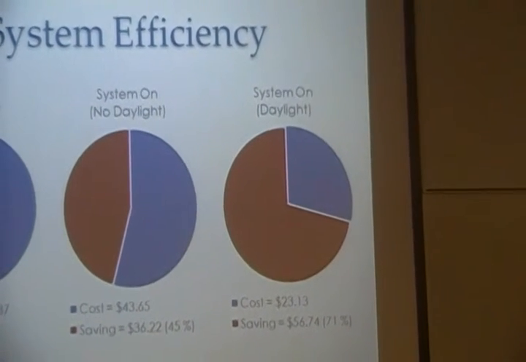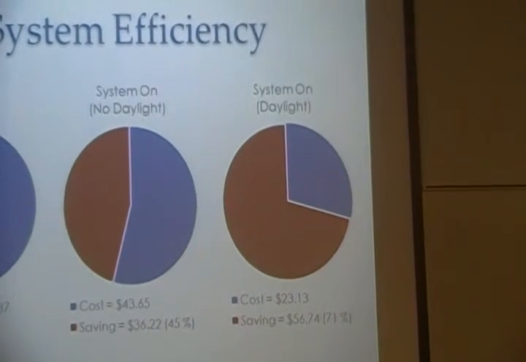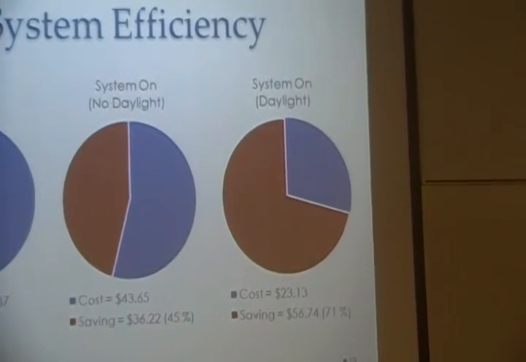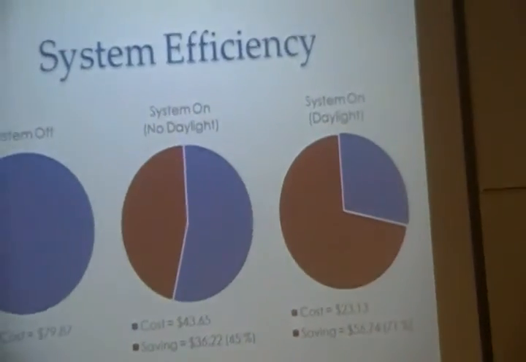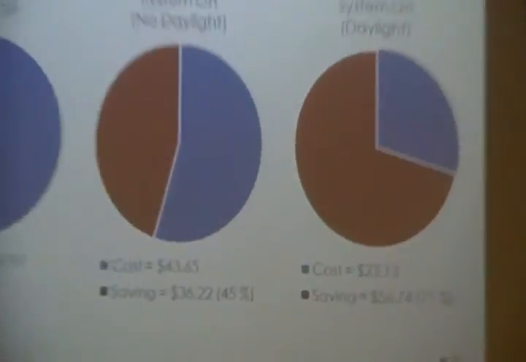That was how much the fluorescent lamps needed to produce. The cost for this scenario is $23, and the saving in comparison to case one would be $57. That would give us 71% energy saving.